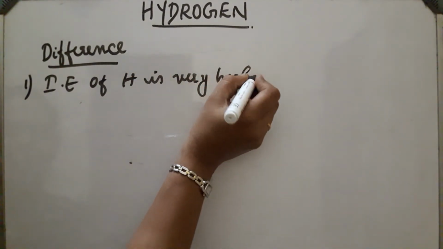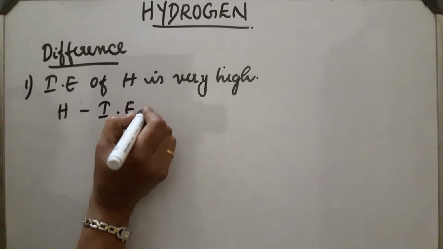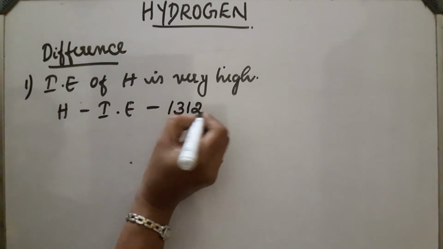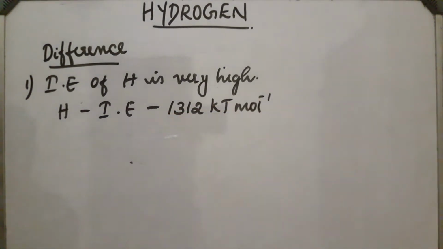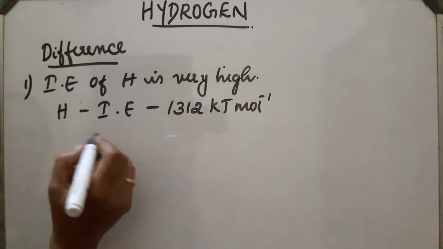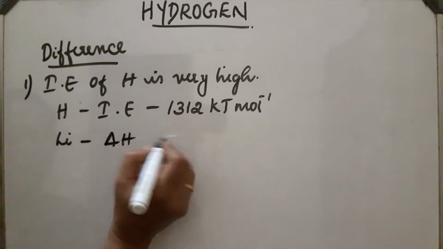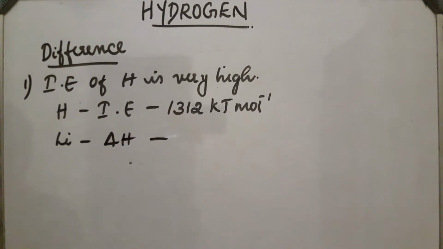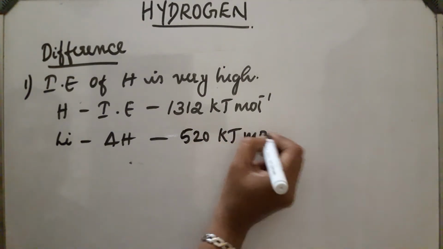In the case of hydrogen, ionization energy is found to be 1312 kJ mol^-1. In the case of lithium, ΔH or ionization energy is found to be 520 kJ mol^-1.